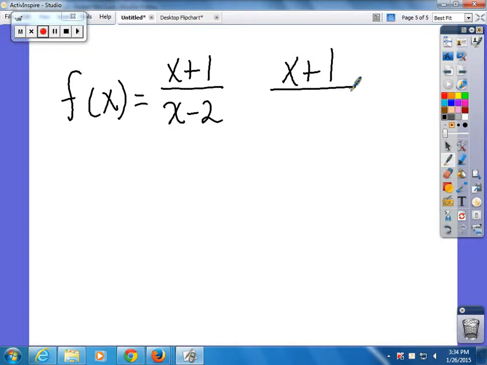Negative denominator. No, you said negative. I said you're getting close. Zero. What can you not have zero in?